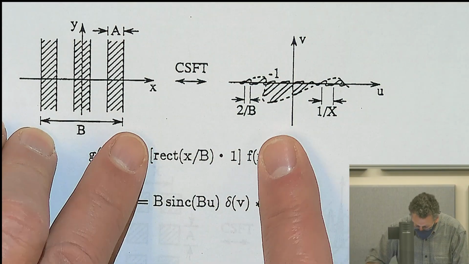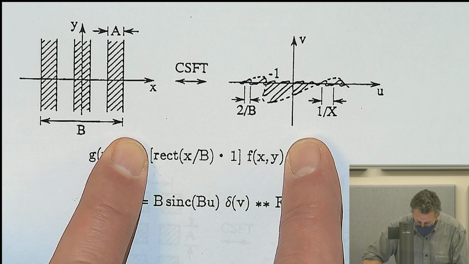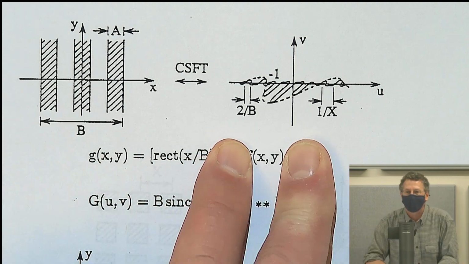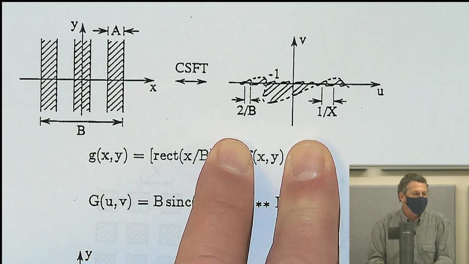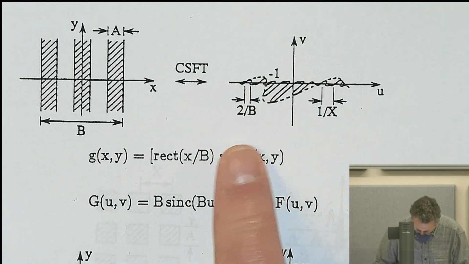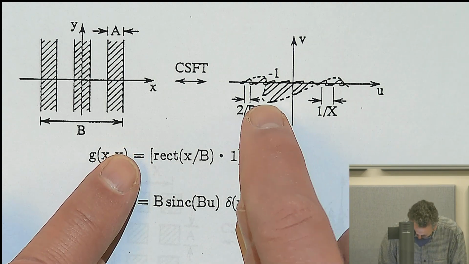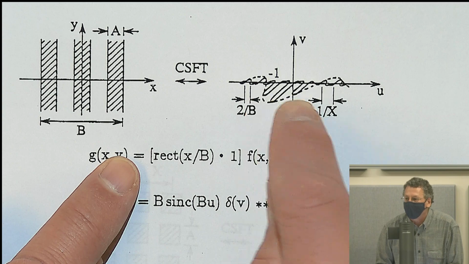So now when you multiply this window by F, multiplication in space corresponds to convolution in frequency. The Fourier transform of this rect is going to be a sinc, so you're basically going to convolve this with a little sinc function.